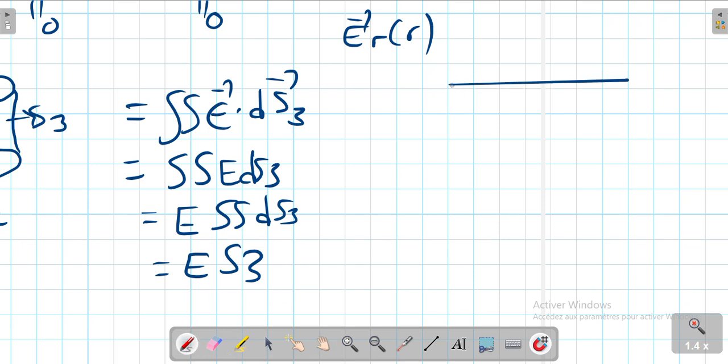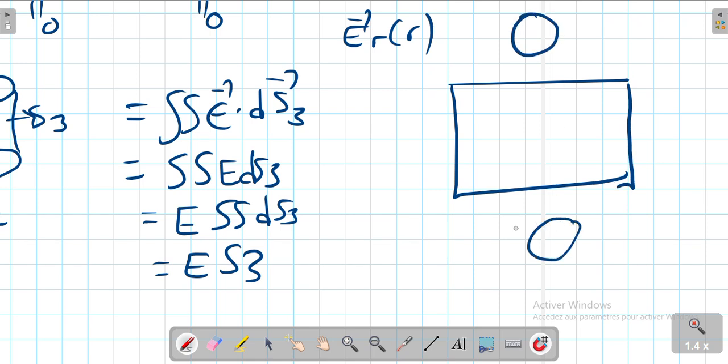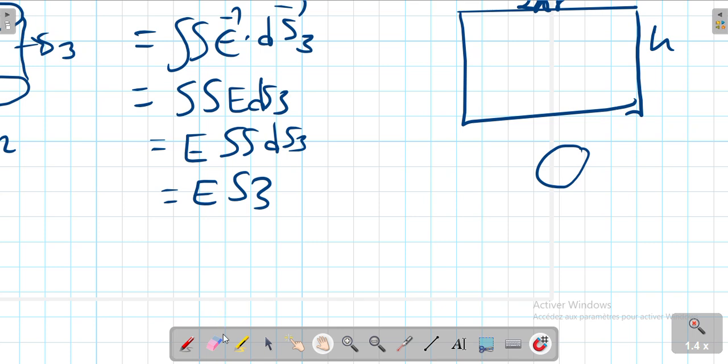So we have a cylinder, we have this surface, and if you remember how to use the total surface area, we used to do this a lot in basic math. So this length was 2 pi r, just to remind you. Then the height here is h. So the surface S3, we can calculate it, isn't it? I'm sure you remember. So S3 will be equal to 2 pi r h.